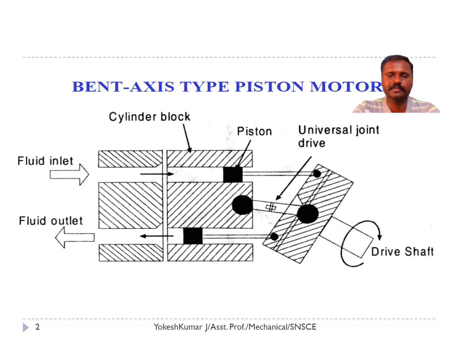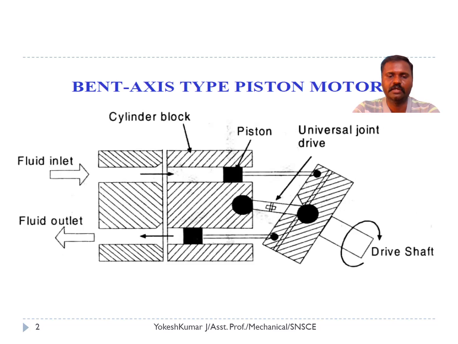This extension of the piston causes oscillation in the system, that is, between the connecting rod and the drive shaft. On the other hand, the distance between the piston and the universal joint is reduced. So the piston moves from right hand side to left hand side.